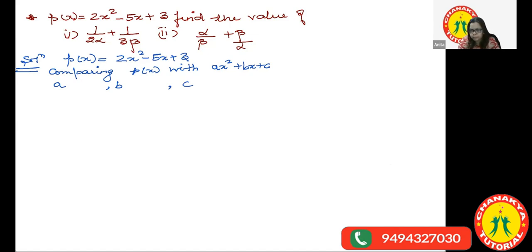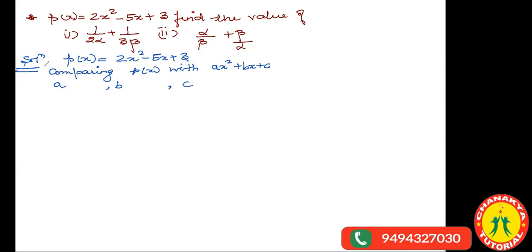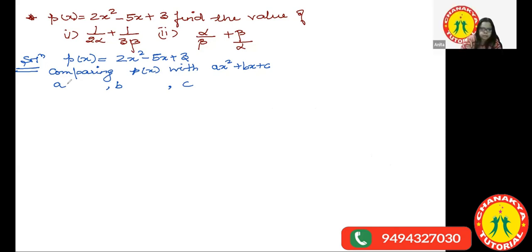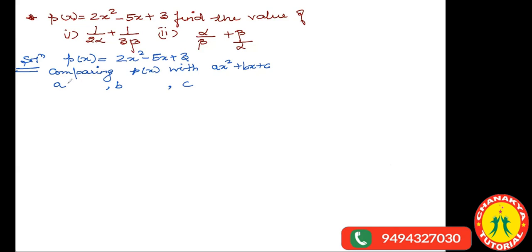Tell me the values of a, b and c. Ma'am, a value is 2, b value is -5, and c value is 3. Yes, good.